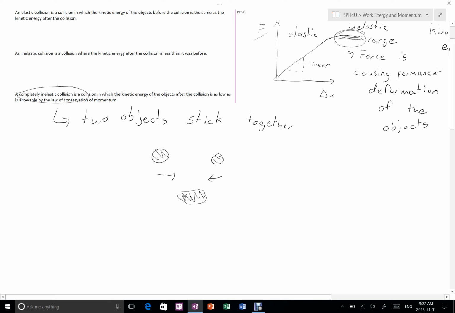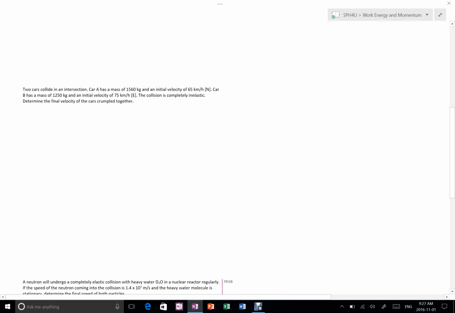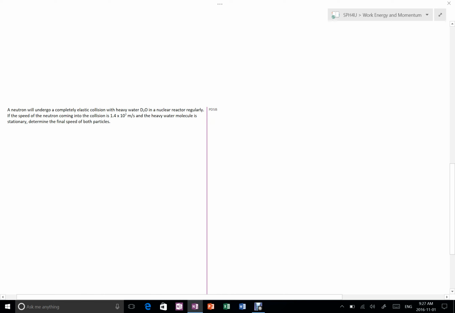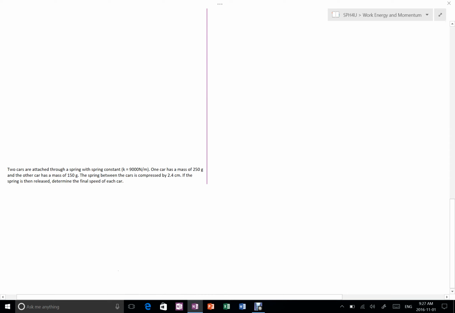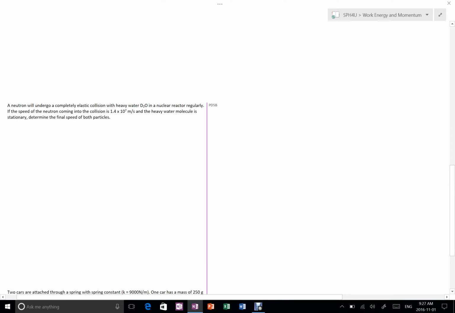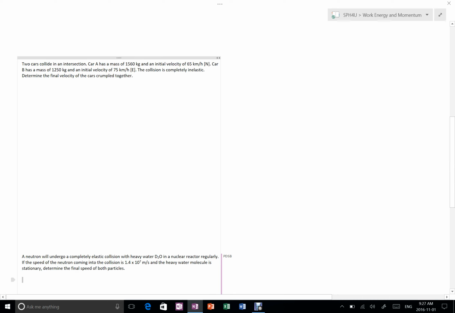Okay, so what I'm going to do now is three examples. I'll do an example with a completely inelastic collision, an example with a completely elastic collision, and then an example where energy is being introduced into the system. So let's start with the completely inelastic.